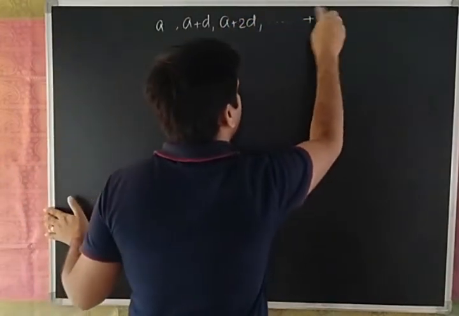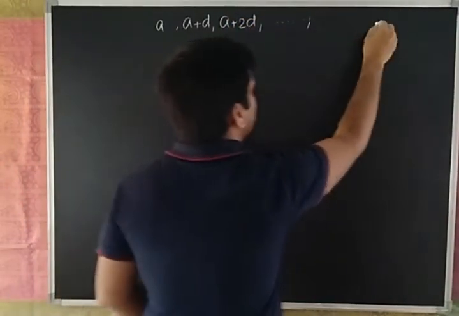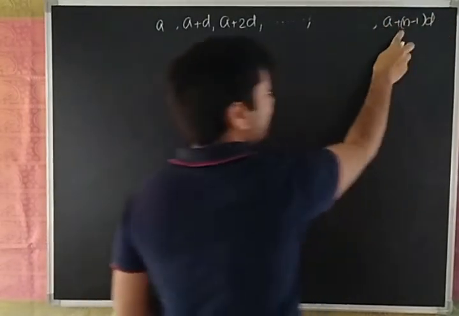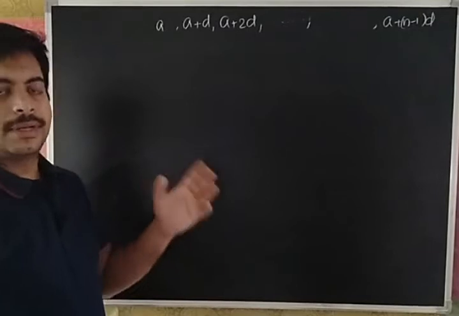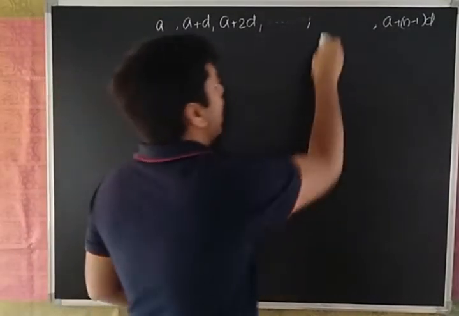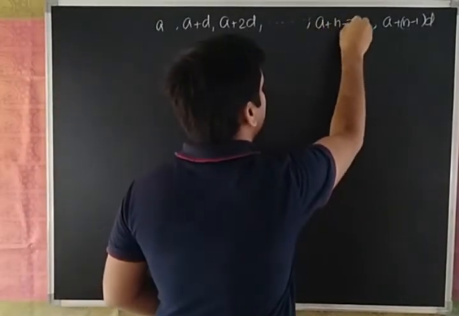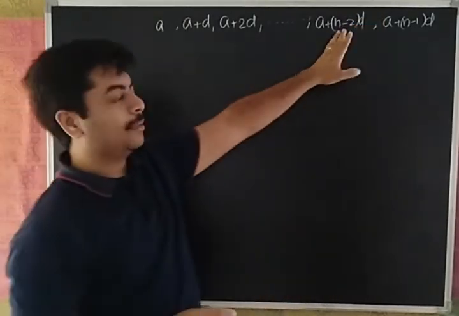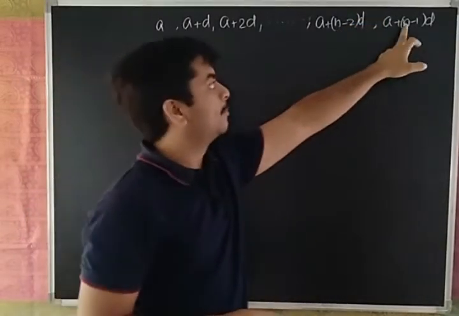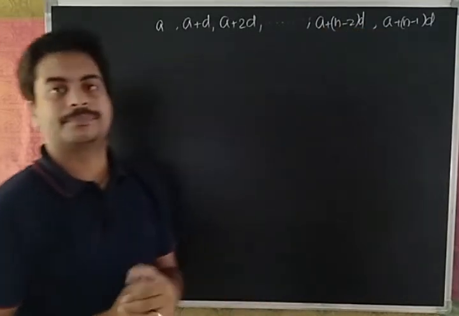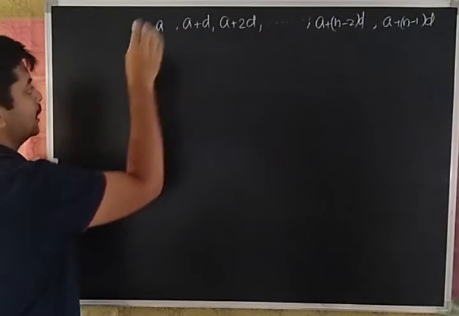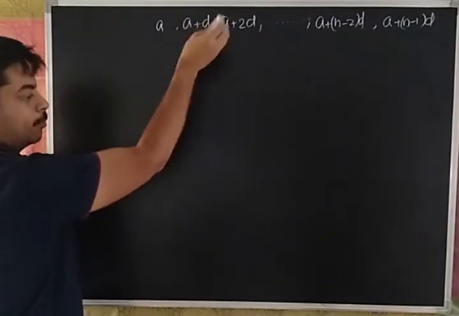The last element will be A plus n minus 1 into D, which is Tn, the nth element. And before it, A plus n minus 2 into D, is the n minus 1th element; in place of n, replace n minus 1 and you will get this term. This is the sequence, this is a series, an arithmetic progression.